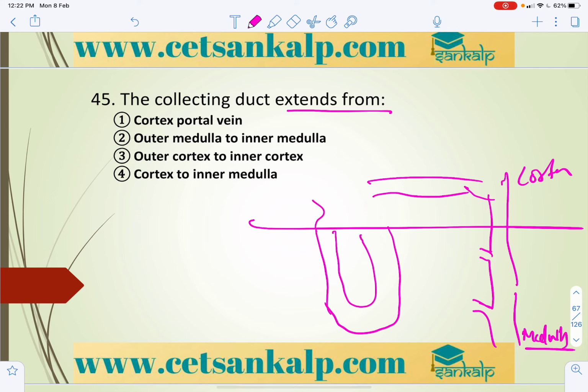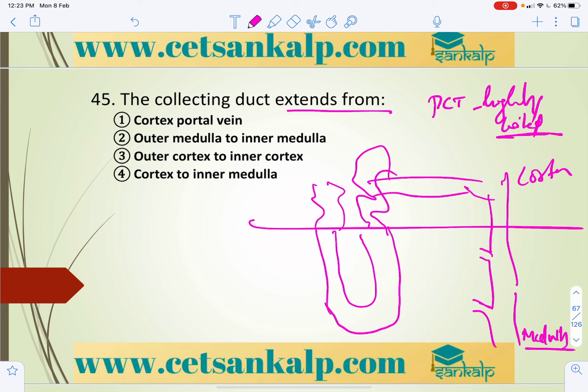This is the PCT and this is the DCT. One more thing we can say: PCT is highly coiled with more brush border appearance, and the DCT is slightly coiled. These are the things you have to keep in mind. So from cortex to inner medulla.